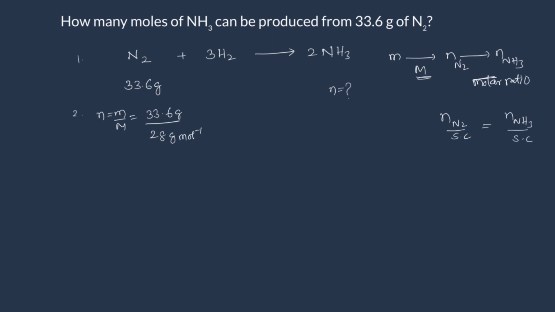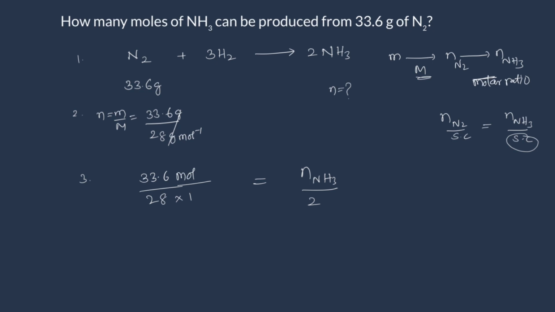So now the third point, by using the molar ratio, the grams cancel, and this is nothing but moles by 28. The stoichiometric coefficient of nitrogen is 1. Next, the number of moles of ammonia divided by its stoichiometric coefficient.